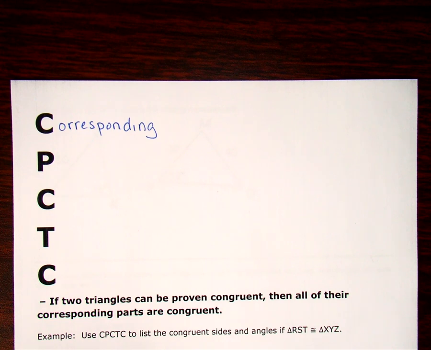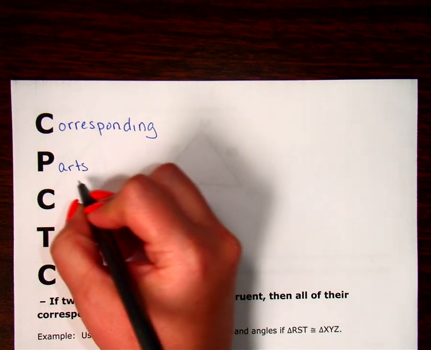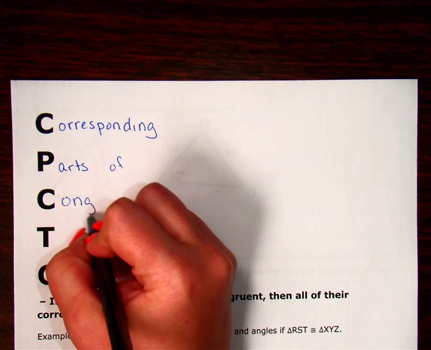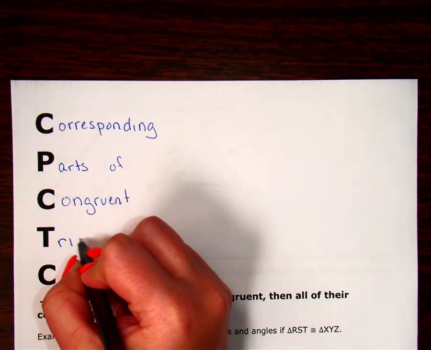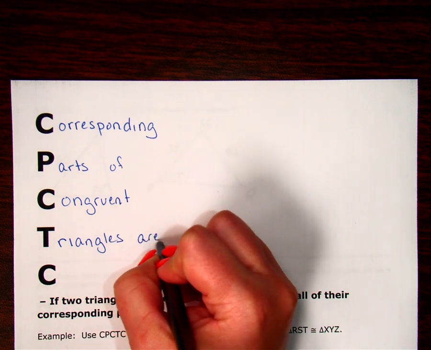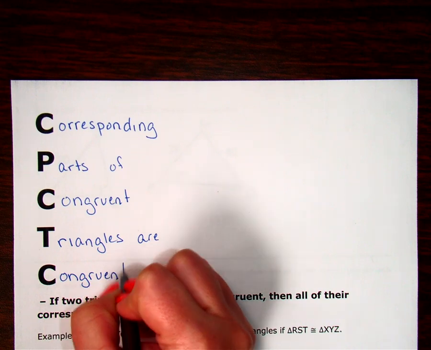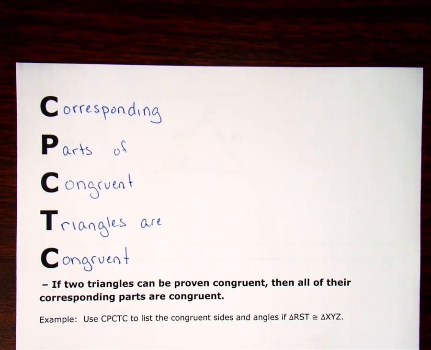You're in similar places. So if 2 triangles can be proven congruent, then all of their corresponding parts are congruent.